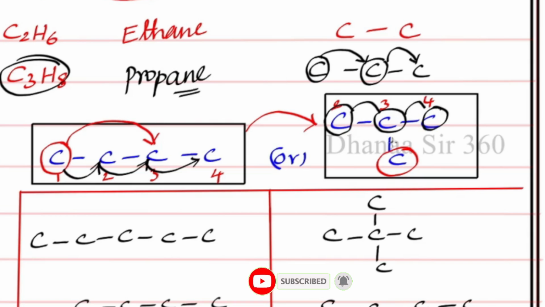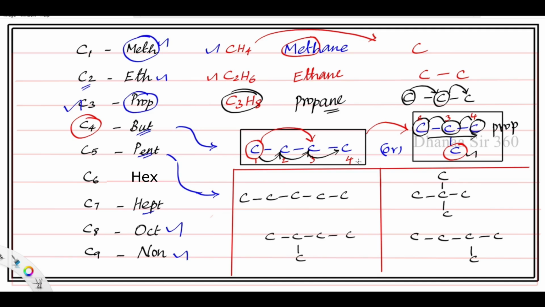Here the first carbon goes to a branch, so there are only 3 carbons available in the continuous chain. So we have the root word prop. For the first box, 4 carbons are present in a continuous chain, so but is the root word.